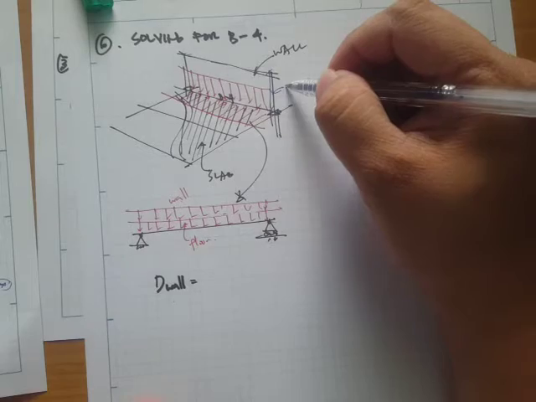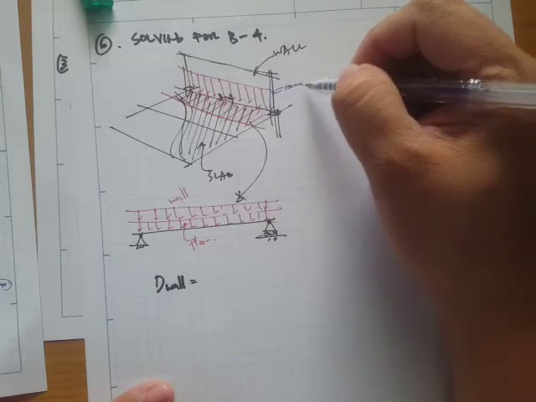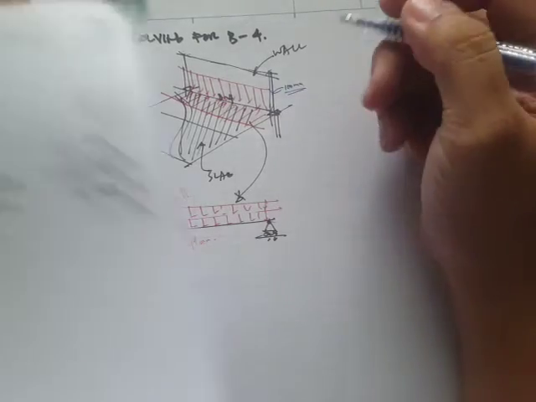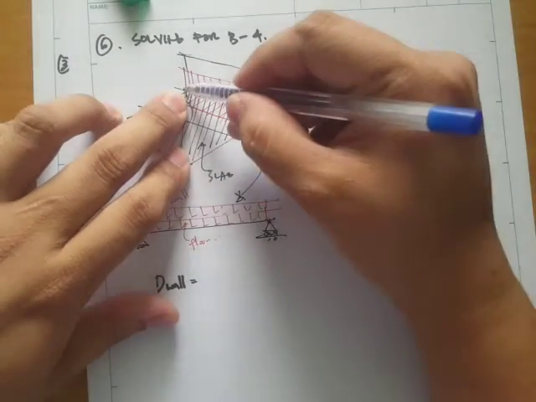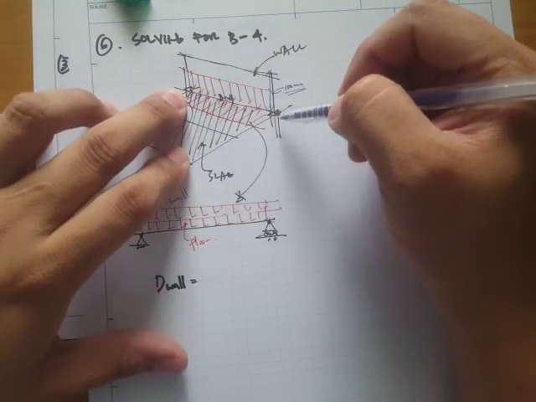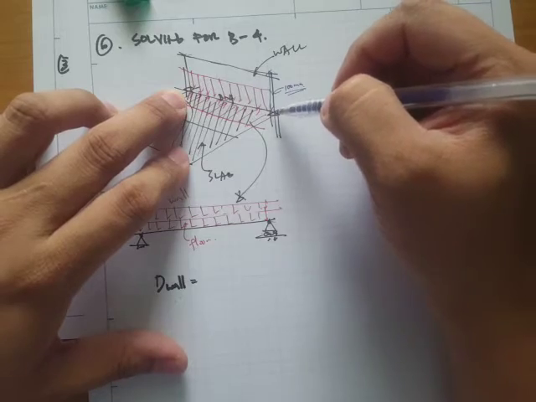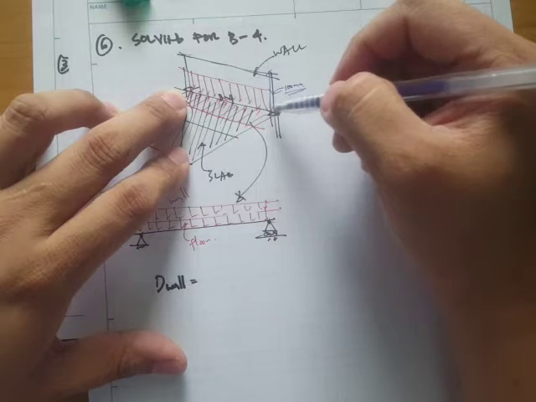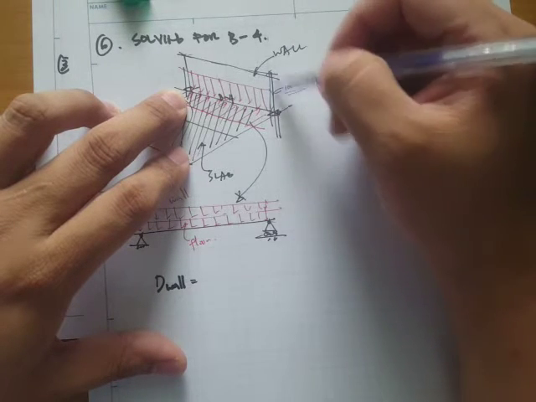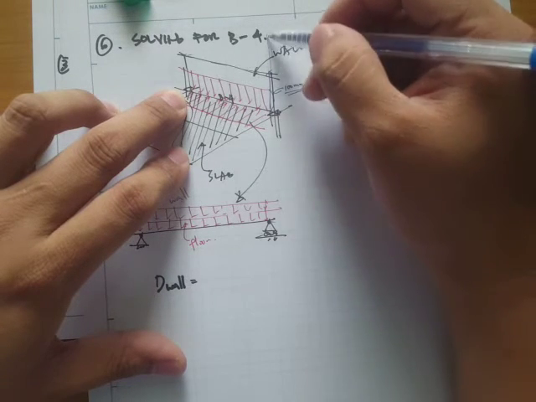Okay, so the thickness is already given, that's 100 mm, and the value is this. The length is not the dimension that we need, because that's actually the line of distribution. So what we need is this dimension, the height.